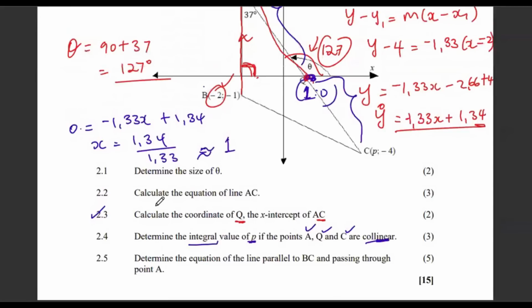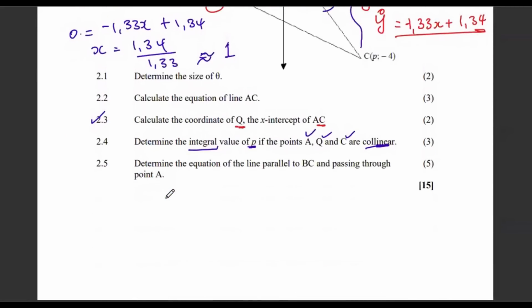So I'll say that the gradient of AQ should be the same as the gradient of QC. Then we're saying the change in y over the change in x must also be the same as the change in y over the change in x.